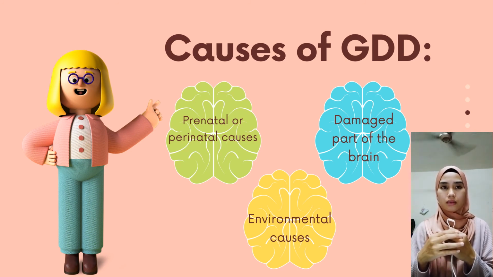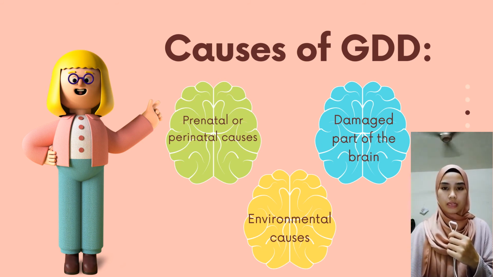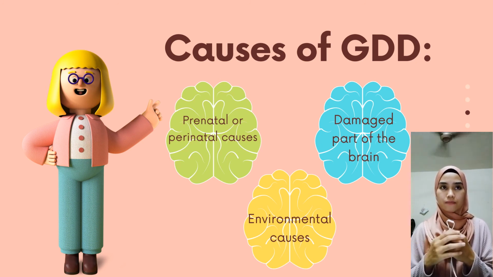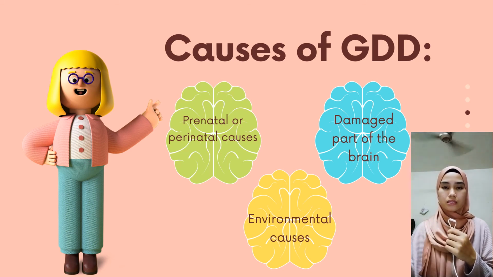And as I mentioned before, they deserve to be happy because they are children, and they don't have any responsibility to solve this problem just because they are not in the best place. That's it for the causes of GDD.